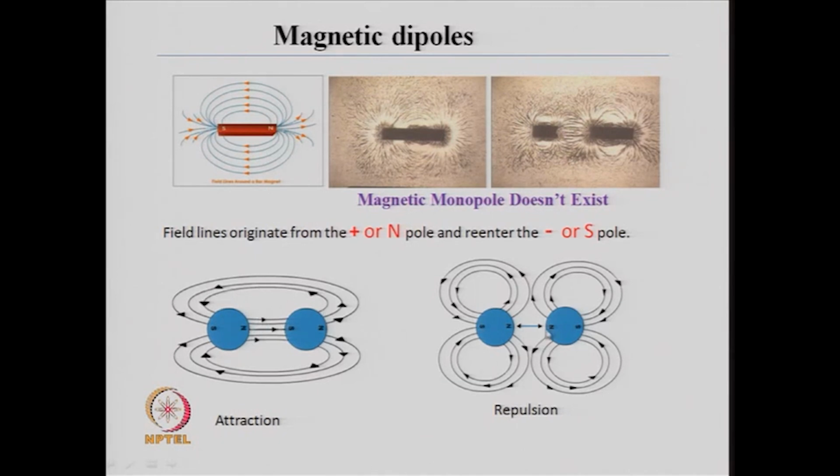Whereas, if you have the two north poles together, then there is repulsion between these two dipoles and the lines of force will look somewhat like this. So, you can have an attractive force between two magnetic dipoles or a repulsive force between two magnetic dipoles, and these lines of force tell you about the magnetic field around these magnetic dipoles.